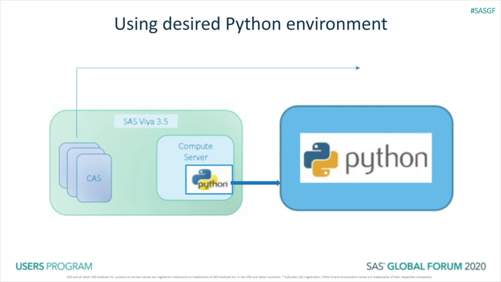SWAT was used on the remote Python system to connect to the existing CAS session running on the SAS Viya system to access the data. The input table is downloaded from CAS to Python and a data frame is created. The Python modeling package is executed on the remote system to build the XGBoost model.